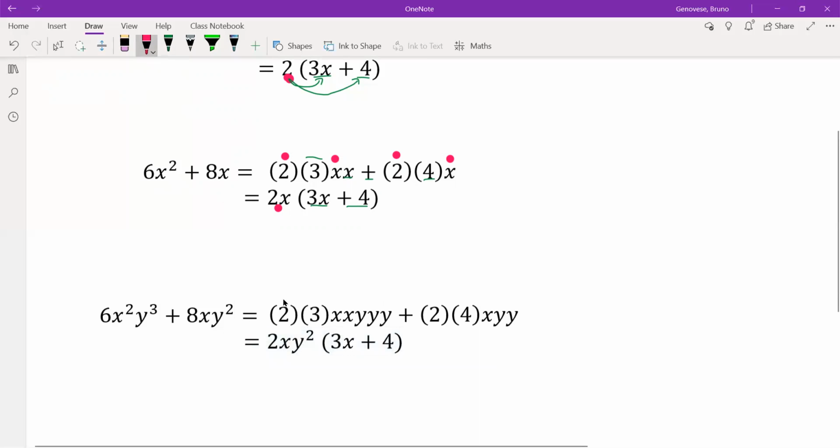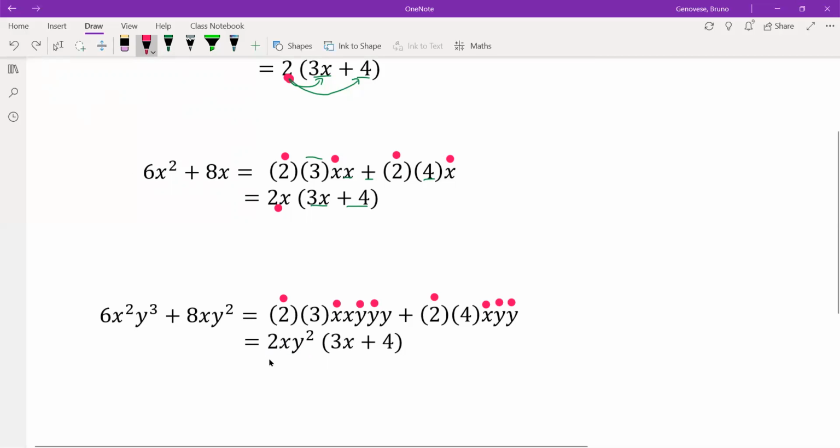Well, again, on both sides of the plus sign, which is your separator, they both have the 2. The 3 is not common. There are 1x here, 1x there that they have in common. And then there's 2 y's that are in common.